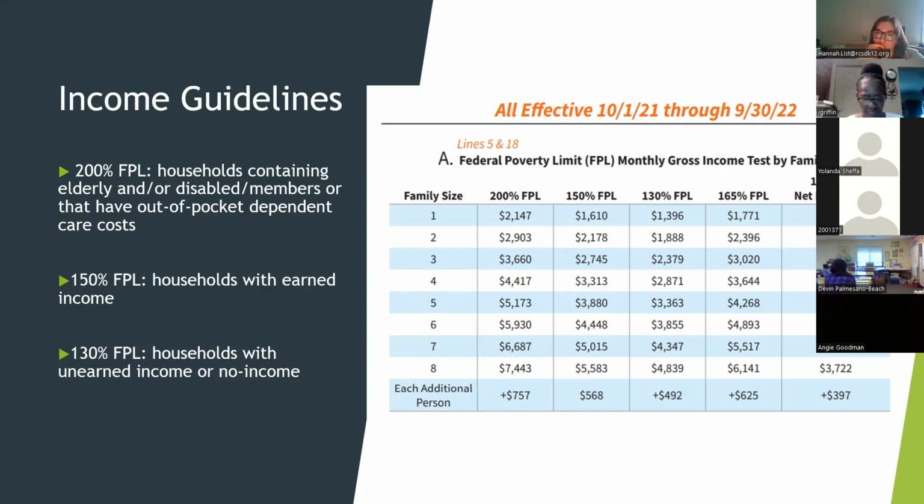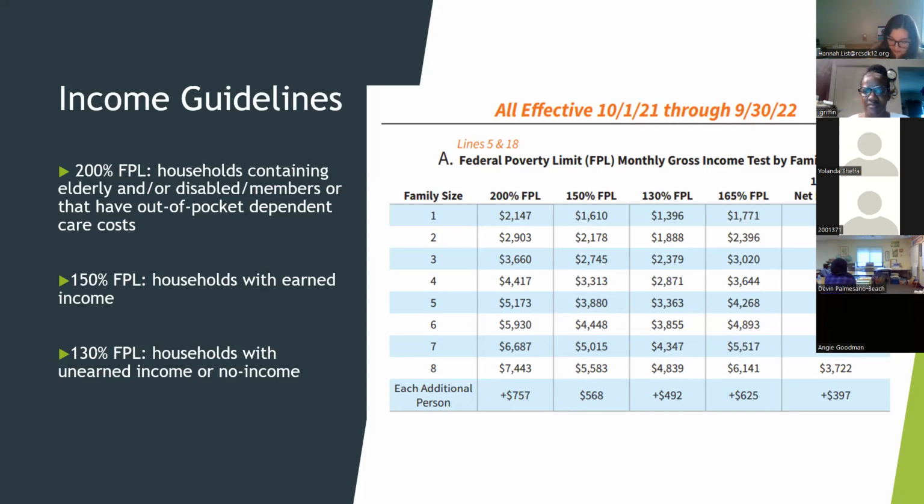How you read the chart is you go to the family size and then go to whichever column applies to your household. So family size, then you go to 200%, 150%, or 130%. And that's how you determine if you appear income eligible.